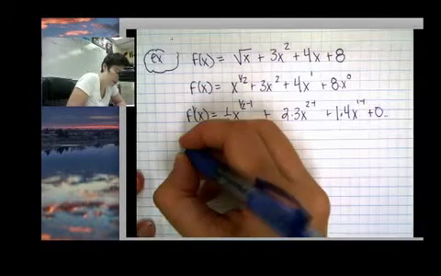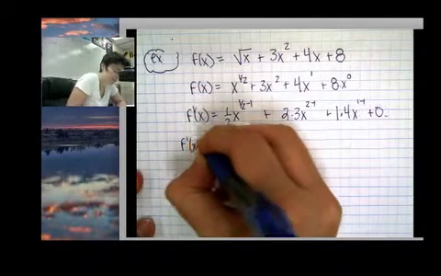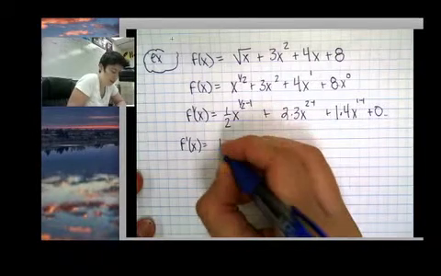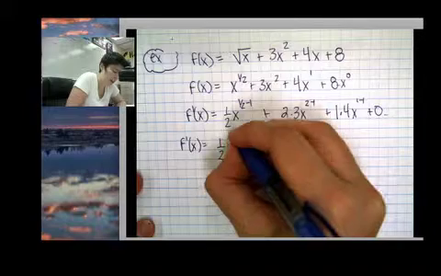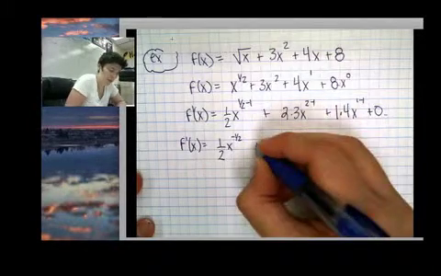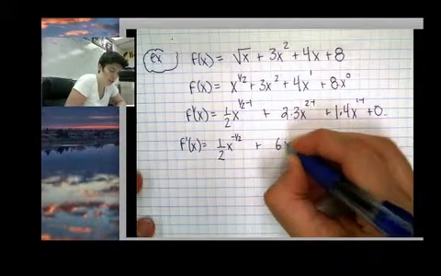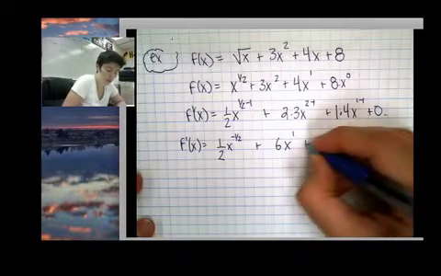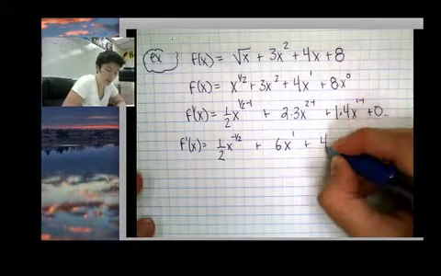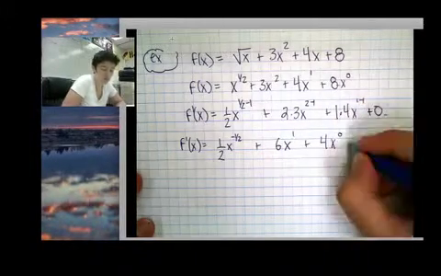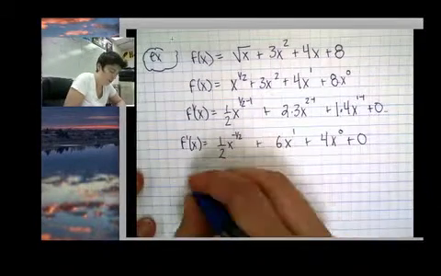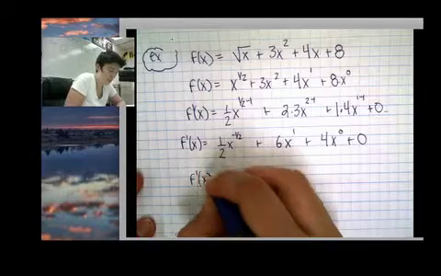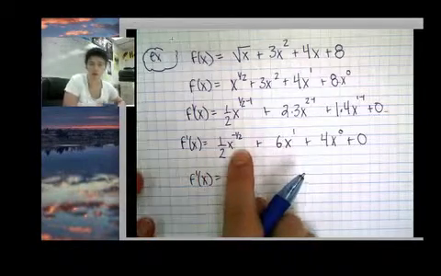So we have f prime of x equals 1/2 x, and then 1/2 minus 1 is a negative 1/2 power, plus we have 2 times 3 is 6x to the 1 power, plus 1 times 4 is 4, and then we have x to the 0 power, plus 0, plus nothing on the end here. So to clean all this up, one more step: f prime of x equals, I don't want a negative power, so I'm going to move that down.